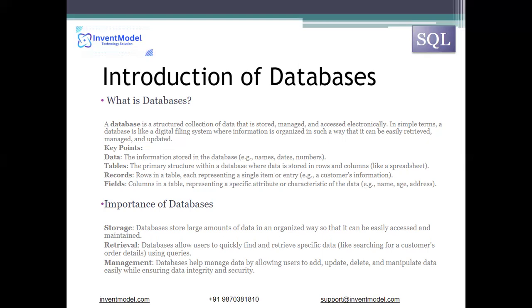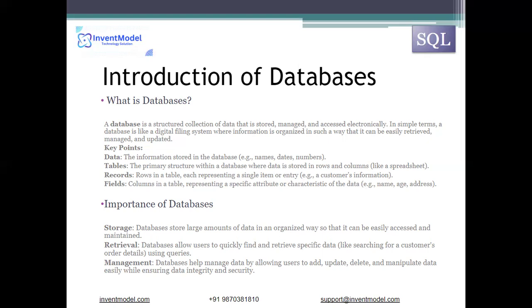Records: records means rows in a table, each representing a single item or entity. An entity is customer information, like customer name. An entity is something that denotes someone's information. I hope it is clear to you.